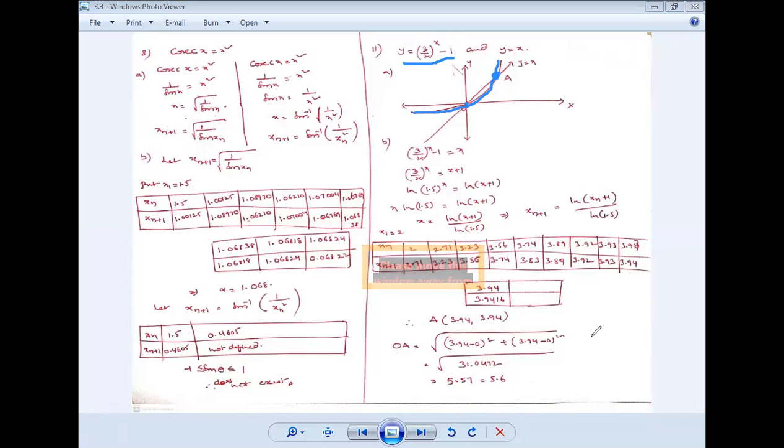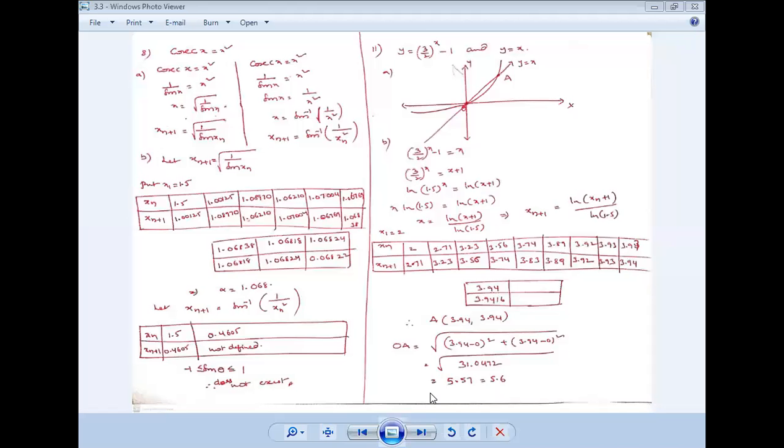Now, next, they're asking us to find the point A also. How will you find this point A? See here. First, (3 by 2) to the power of x minus 1 is equal to x, that is, (3 by 2) to the power of x is equal to x plus 1. Then I'm going to apply log on both sides. Why?